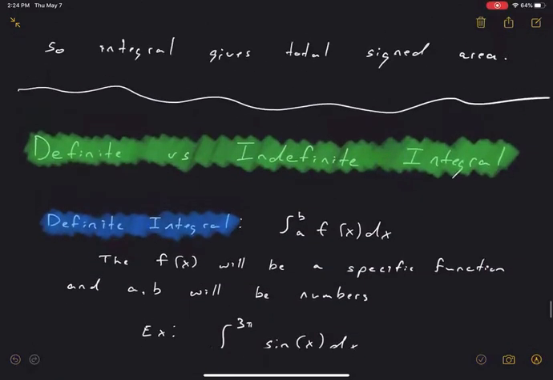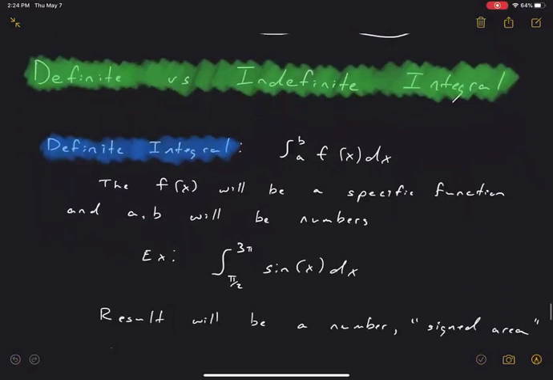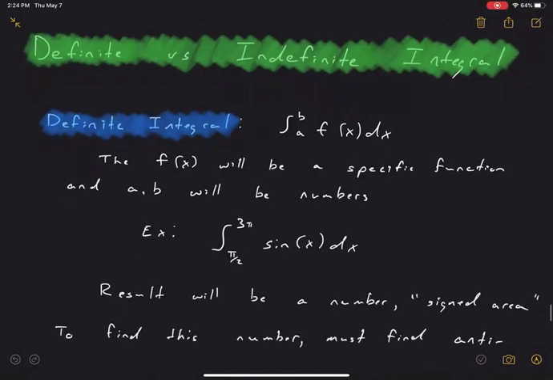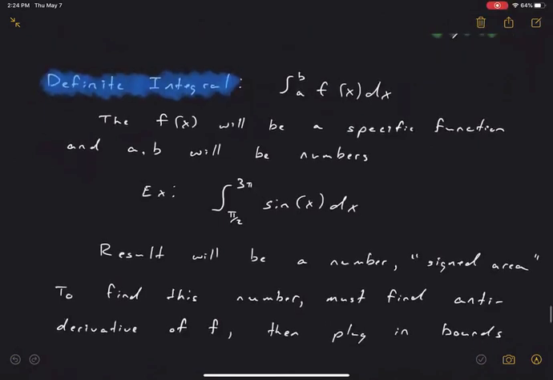So let's review the definite integral versus the indefinite integral. The definite integral is going to look like this: integral from a to b of f(x) dx. We're going to be given a specific function and specific bounds, so a and b should be numbers, and the stuff inside the integral should be a function. An example would be the integral from pi over 2 to 3 pi of sine of x dx.